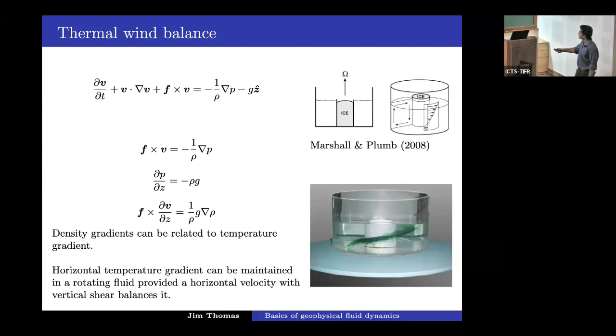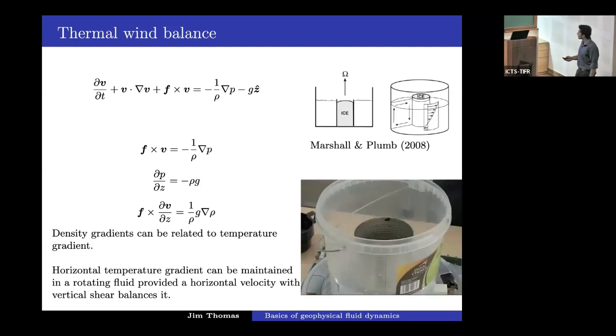This is an illustration shown with this rotating setup. You put dye in this rotating fluid, and it will shear and develop a balanced condition where the horizontal gradient in temperature is balanced by this vertical shear. I think I have a movie to show this. This is from an experiment that was done at the University of Washington, Seattle.